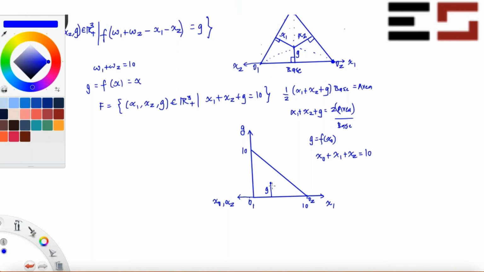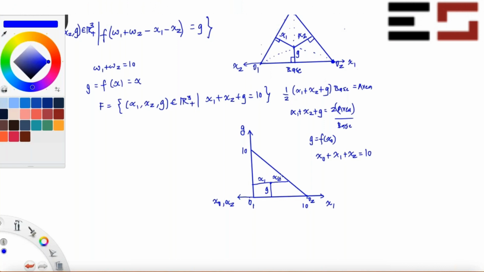This is the origin of individual 2, this length is the amount of private good consumed by individual 1, and this length is the amount of private good consumed by individual 2. This plus this will be exactly 10 no matter what point you pick. This is an arbitrary point, and you can plot similar things elsewhere. I'm going to show that x1 + x2 + g is 10.